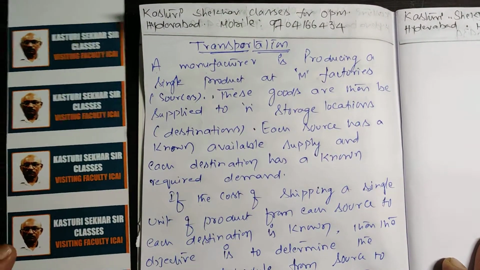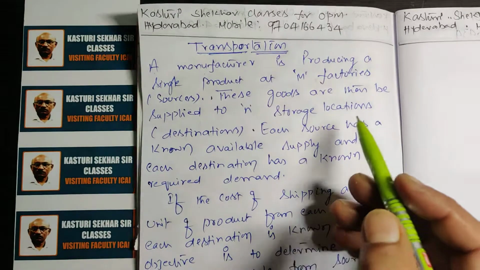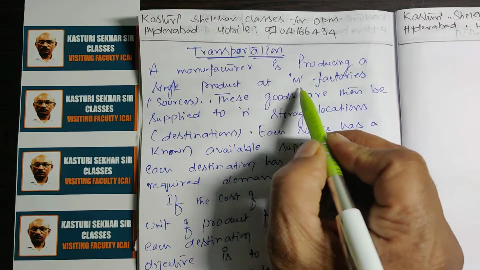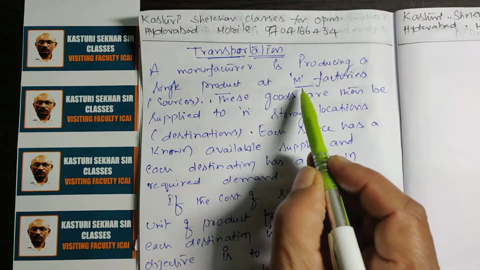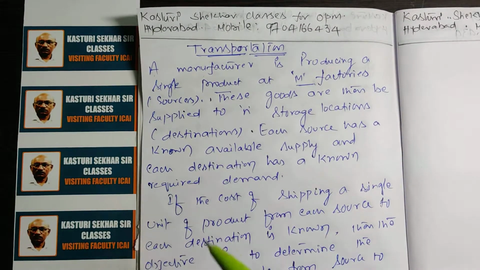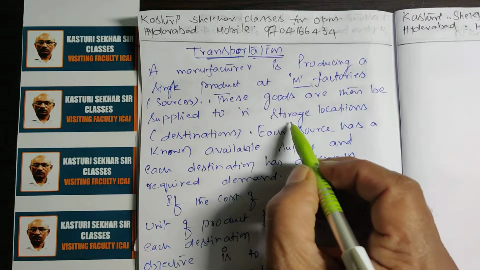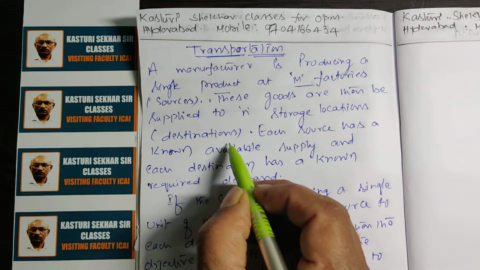Okay sir, let us see this point once again. Goods are manufactured at different places. So the places where goods are manufactured we are calling factories. How many factories are there in our example? M factories are there. The goods which are produced at these factories we are supplying to various places. Those are known as storage locations, or you can say destinations.